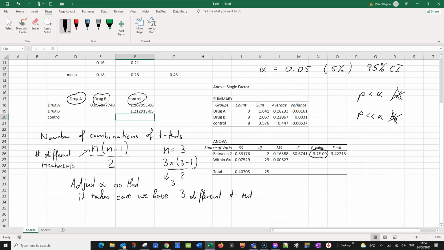This is what we are going to do, and it is called the Bonferroni correction.